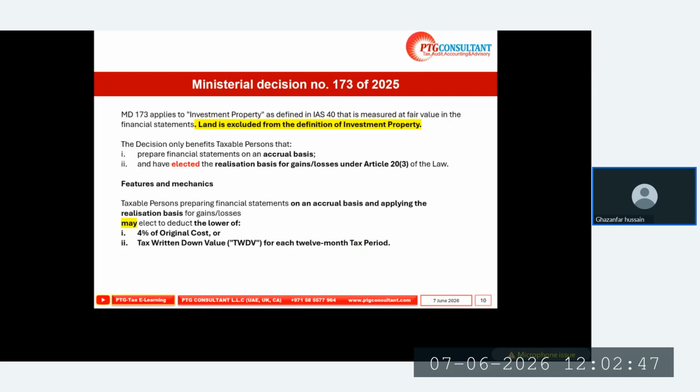Now the decision on benefit: the decision benefits only a taxable person. What does this mean? This means that not everybody may get the benefit from this ministerial decision.